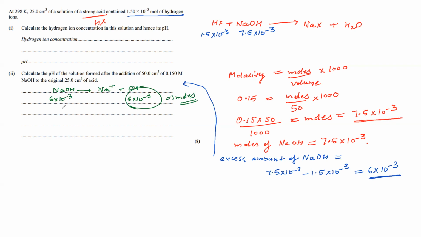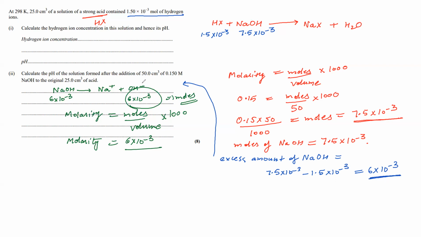So again, we will use the same formula, molarity. Molarity is equal to moles divided by volume, times 1000. So molarity will come out to be 6 × 10^-3 divided by volume. Now, what is the volume? Pause it and guess the volume.